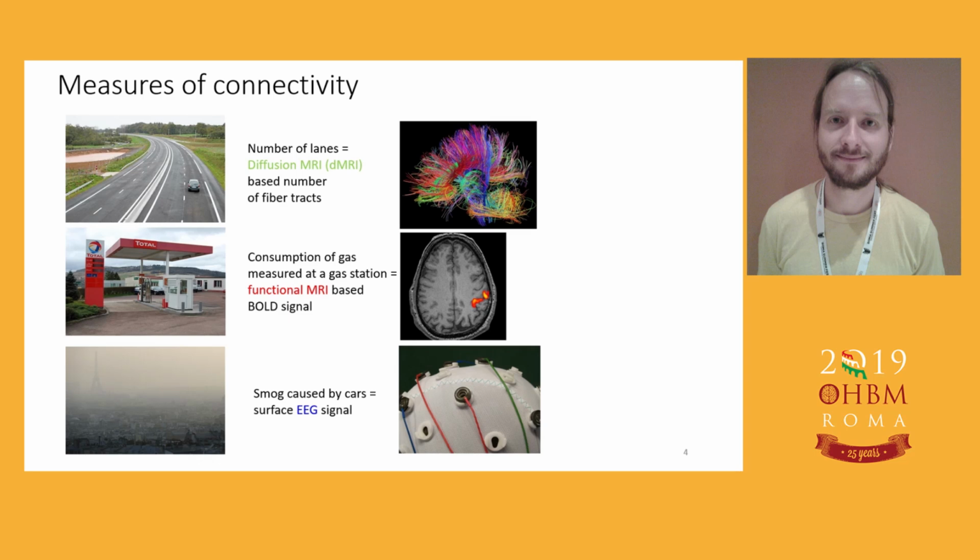It's correlated to the cars that are running around the streets, but it's not very direct. And finally, we can measure the electrical activity on the scalp. This gives us a really global measure of neuronal activity, which is like measuring the smog of the cars going along the streets, and we need to reconstruct where the activity is actually coming from.